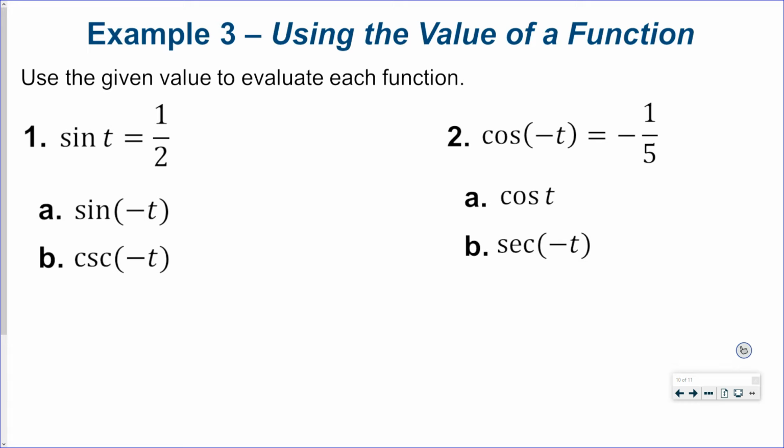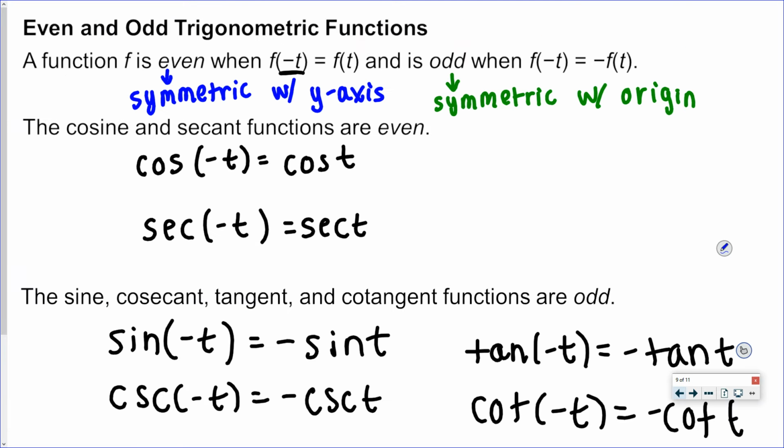What would the sine of this opposite angle be? Well, you look at those properties we just listed. I know the sine of the opposite angle is going to be opposite of that coordinate, so it's just going to be negative 1/2. Okay, so I essentially just use this property. It's going to be the opposite of the sine of that angle, which they told me was 1/2.